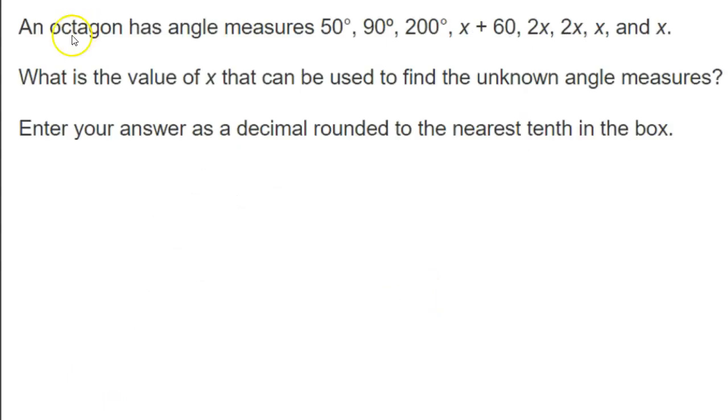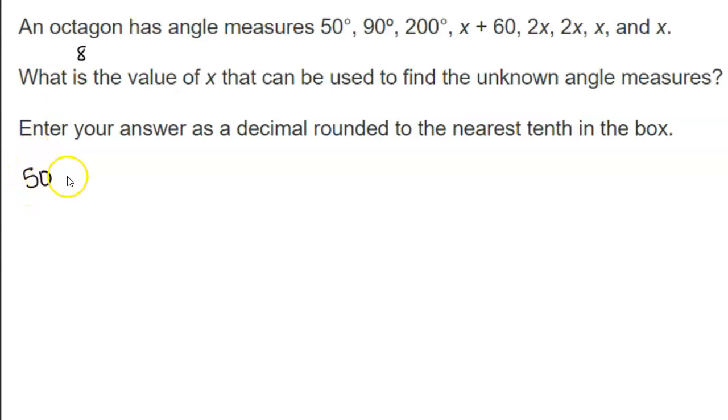An octagon, octa means 8, so these are the angle measures. What is the value of x that can be used to find the unknown angle measures? We first need to find the sum of what all these would add up to, because this is going to be a multi-step equation.